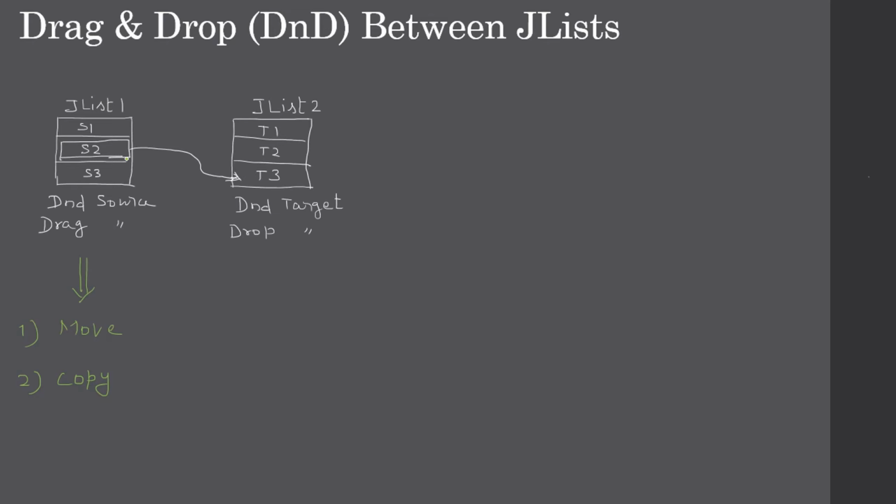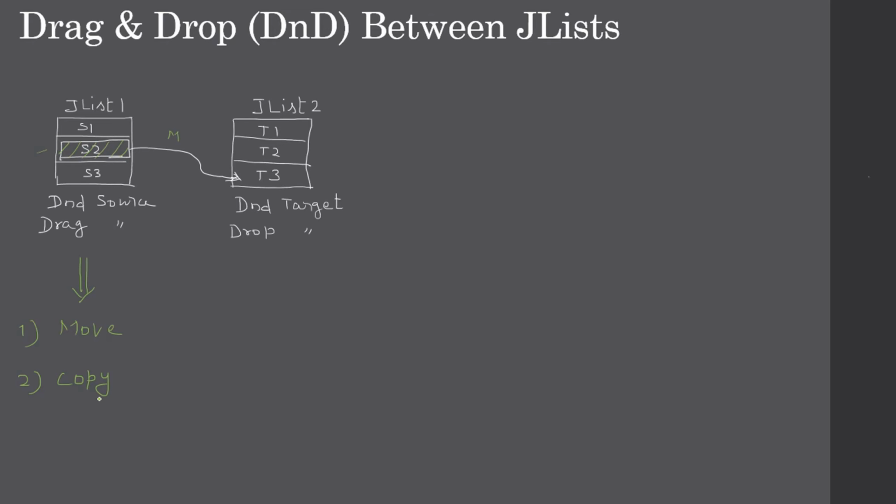Here the item is selected, mouse left button is pressed, mouse is moved and mouse left button is released. In this case the default is what is called move. So the item S2 will get moved from JList 1 to JList 2. What happens in case of move operation, the item S2 will be removed from the drag source or D&D source.